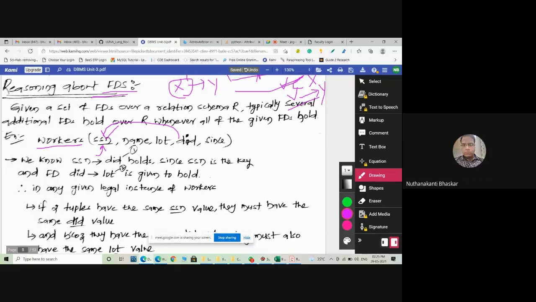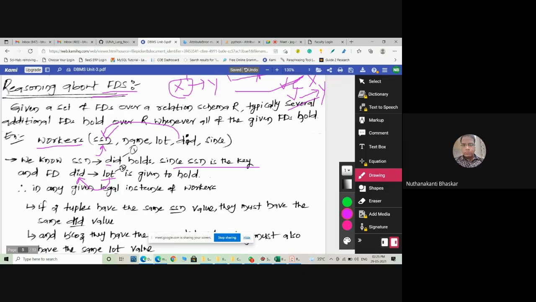Yes, sir. Since SSN is a key, DID is also depending on SSN, because everything must be depending on it. Now LOT is nothing but the location of that particular department. The department where the worker is working, the location depends on the department.